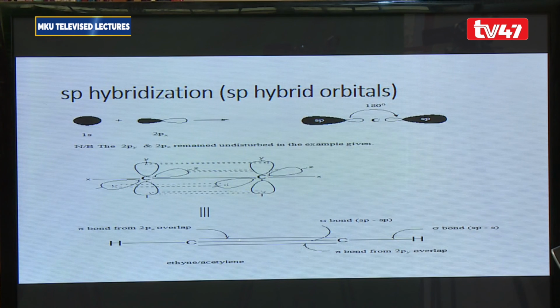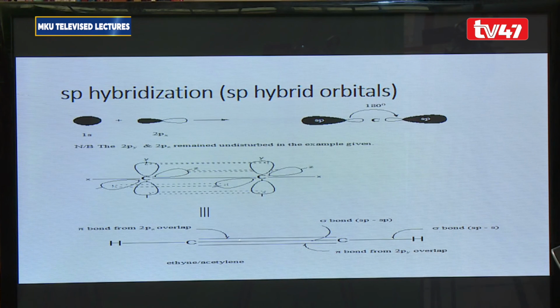For example, in ethyne, where we have a carbon-to-carbon triple bond, one is a sigma bond because it is an sp hybrid orbital, and two are pi bonds because they are formed between p electrons.